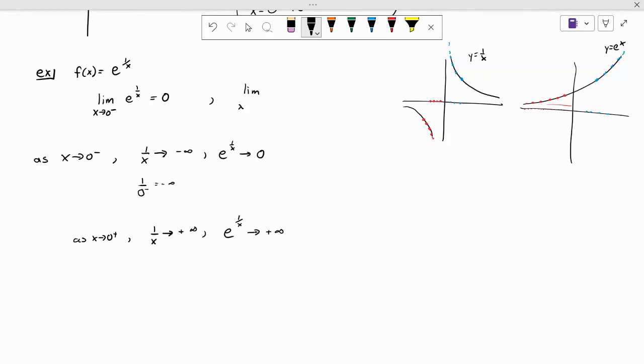So the limit as x approaches 0 from the right of this funky function is positive infinity at the end of the day. Okay. So we've computed the two one-sided limits for this function. So is x equals 0 a vertical asymptote or not?